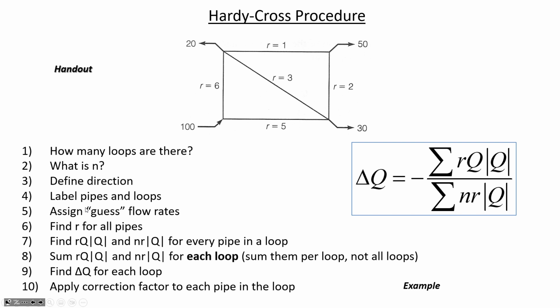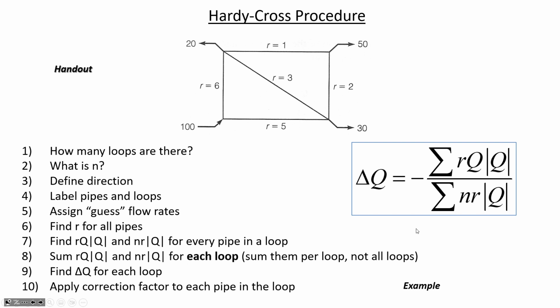But just to walk you through the rest of this procedure, once we've assigned the guess flow rates and calculated R values, or if they're given, like in this first example, then we calculate this numerator term, and I'll show you how we do this on the spreadsheet. R times Q times the absolute value of Q for each pipe.